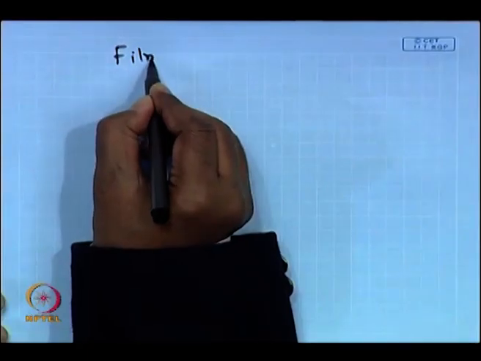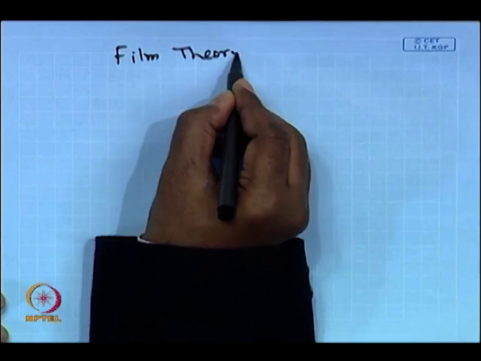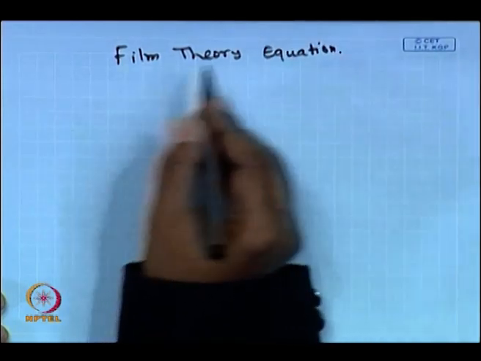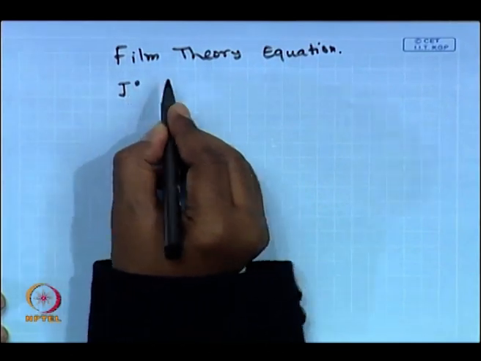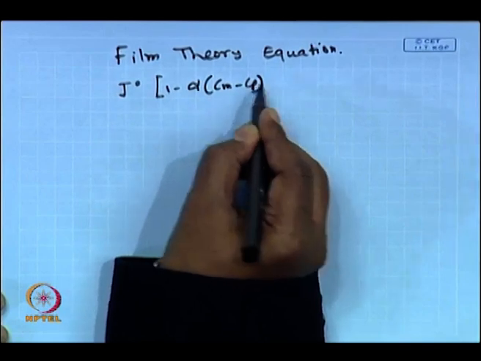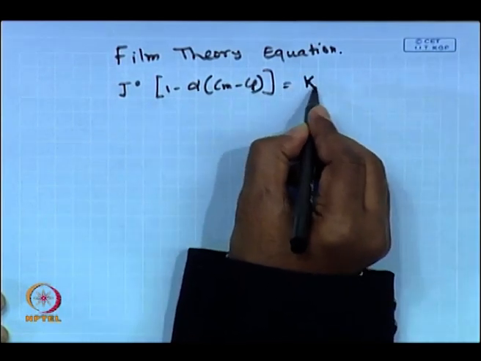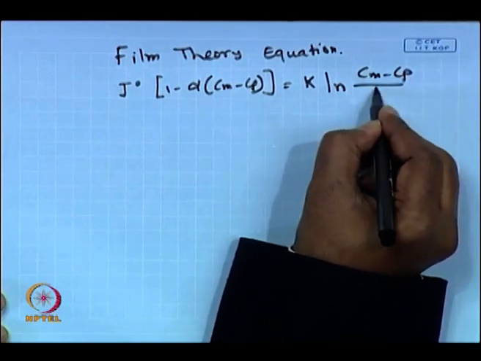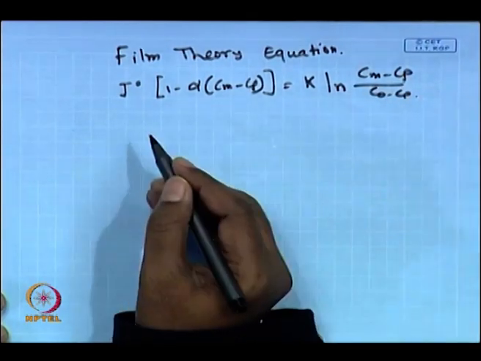Now, we couple this equation with the film theory equation. So, what you get is J naught times 1 minus alpha Cm minus Cp is equal to K ln of Cm minus Cp divided by C naught minus Cp.